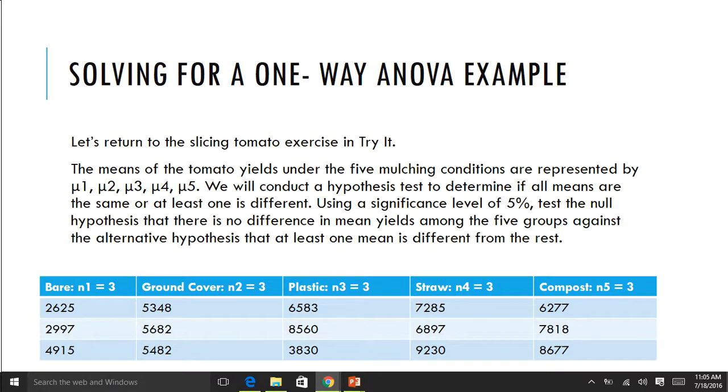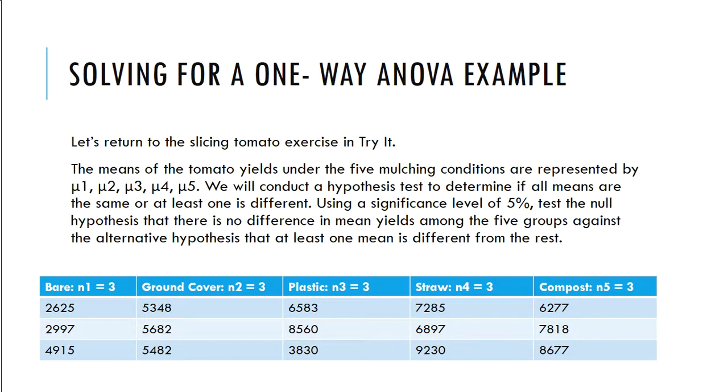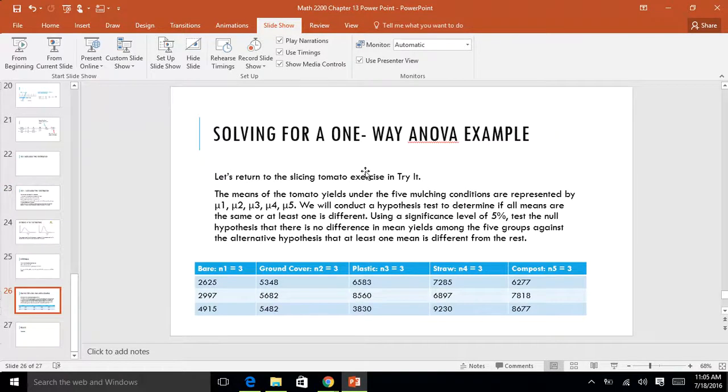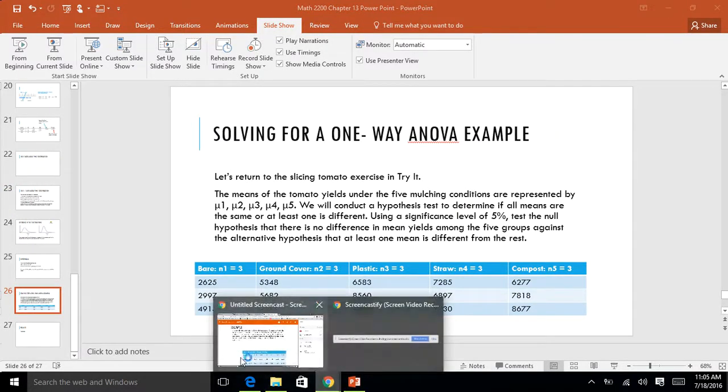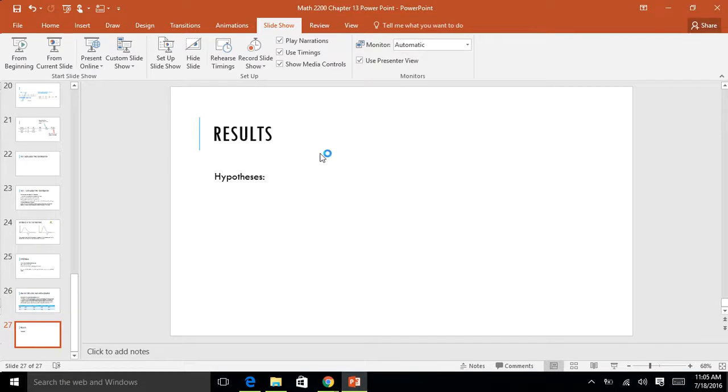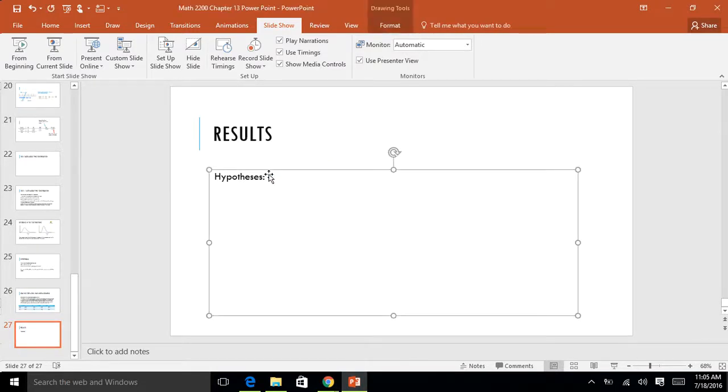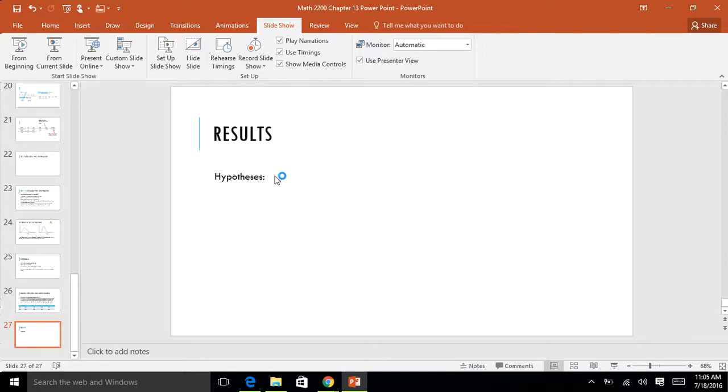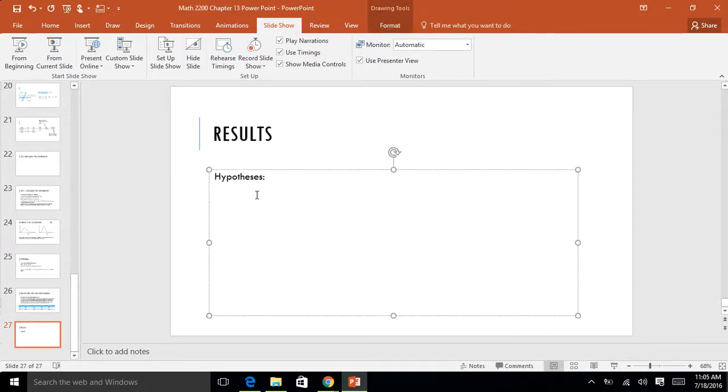Okay, so let me get out of this PowerPoint. Let's do the first thing. Let's talk about the means, the hypotheses. For my first hypothesis, the null is, I'm going to say all the means are the same.